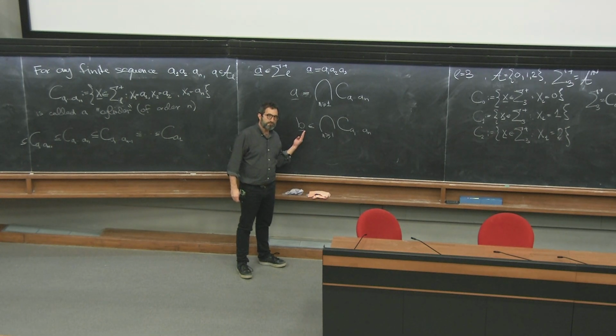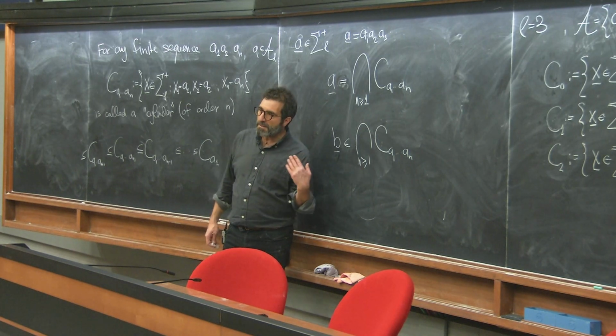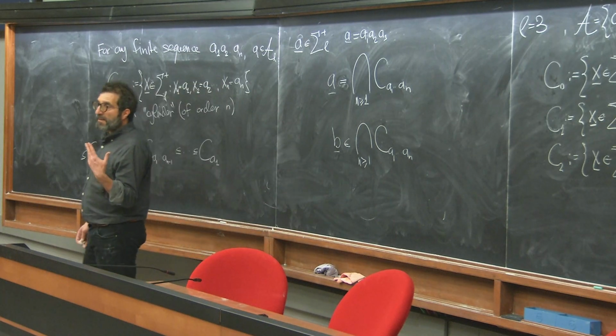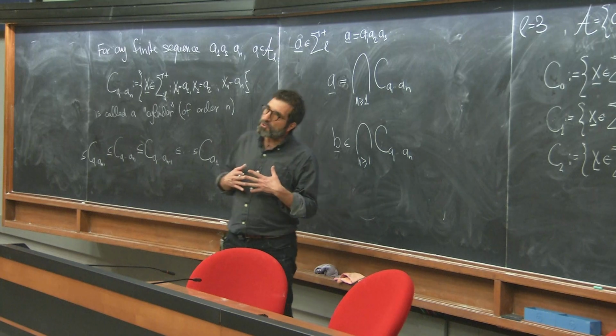Then the first some digits coincide with a by the definition of these sets, so the distance is less than some small number. Yes, that's true, but that's basically the same as saying that the diameter is going to 0.